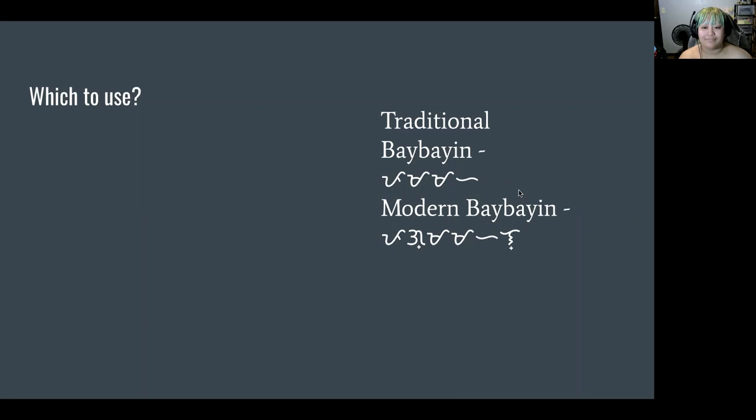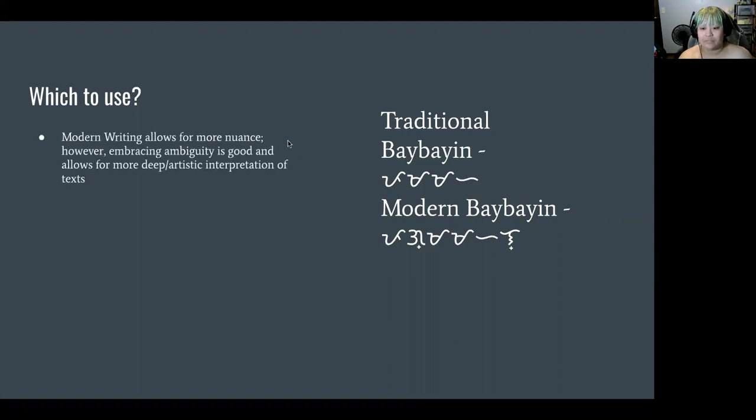Anyone in the before the ages would have known how to read it in a fairly concise manner and didn't need the vowel adding thingy. Modern writing allows for more nuance. However, as writers, we should still embrace the ambiguity within the writing itself, because ambiguity can be good and allows for more deep, artistic interpretations of the text.